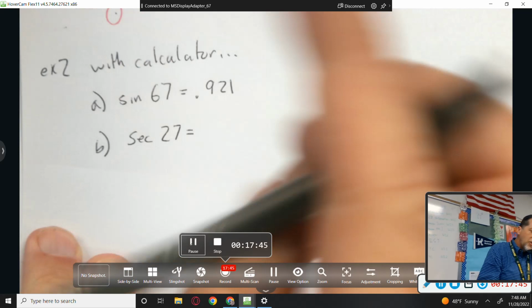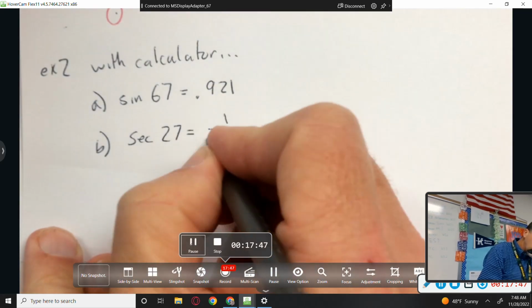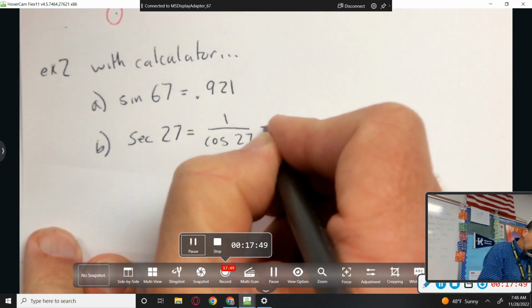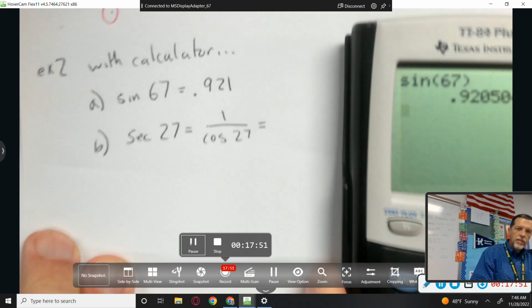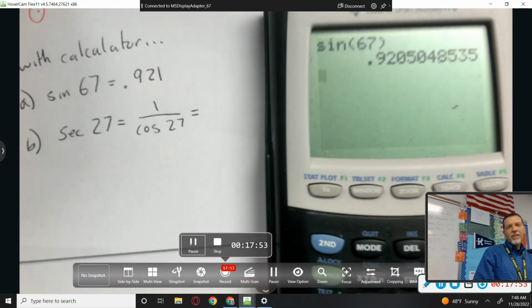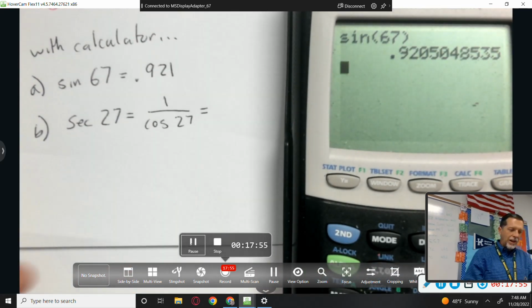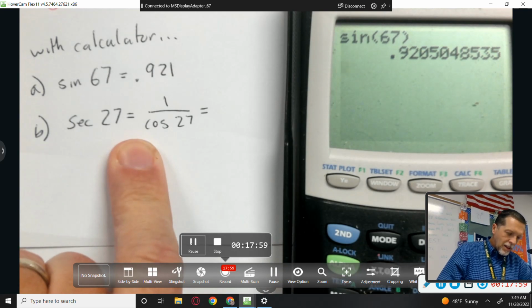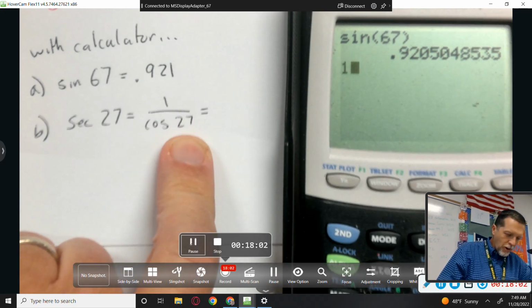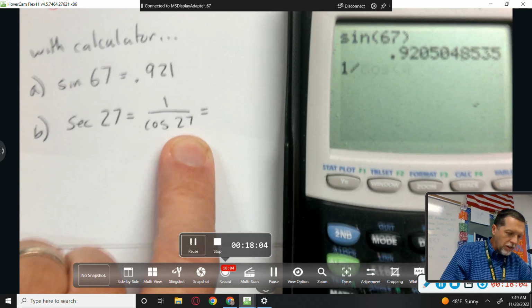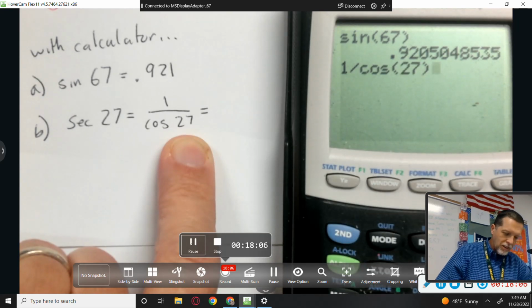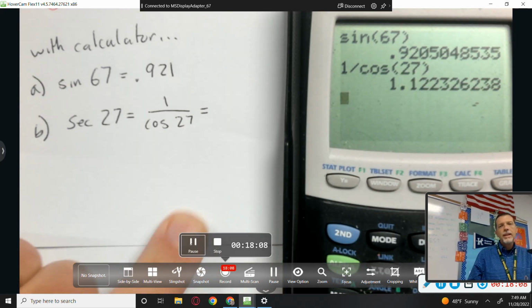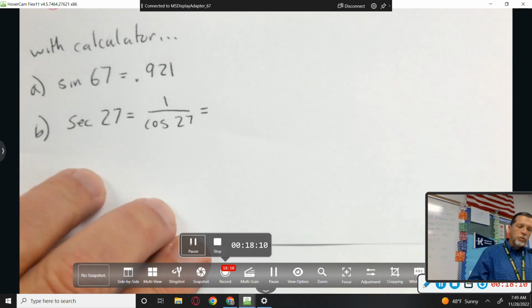So I don't have a secant button, but it's 1 over the cosine of 27. So it's still not hard to do in the calculator, but you do have to know how to handle secant since there's not a secant button. I guess you could use the fraction bar, but for 1 so easy, I'm just going to do 1 divided by cosine of 27. 1.122.